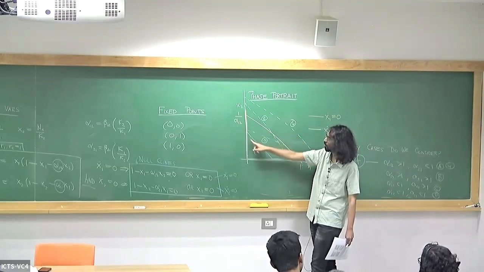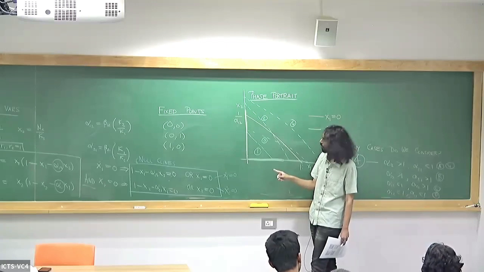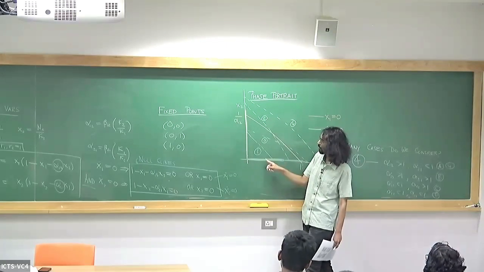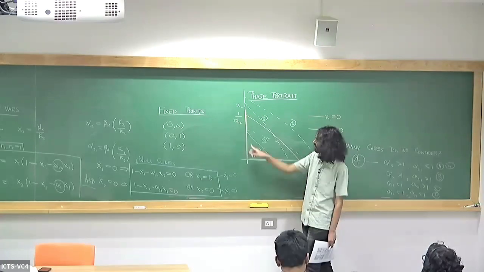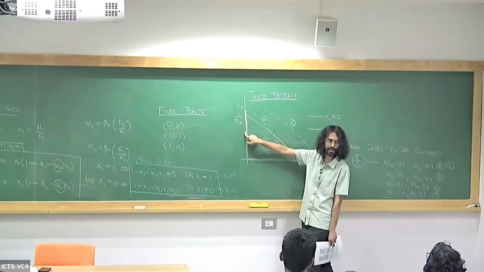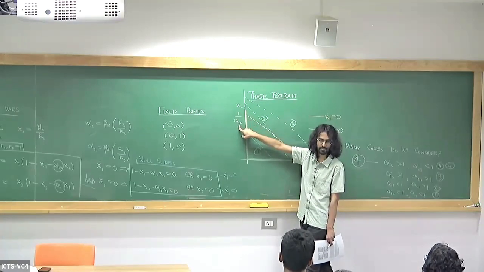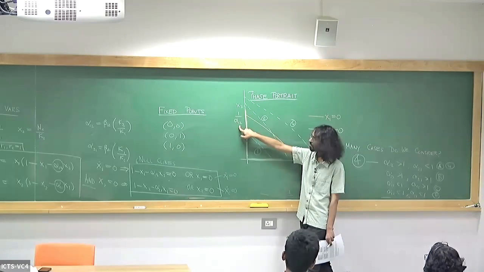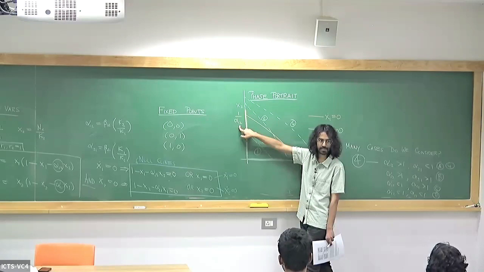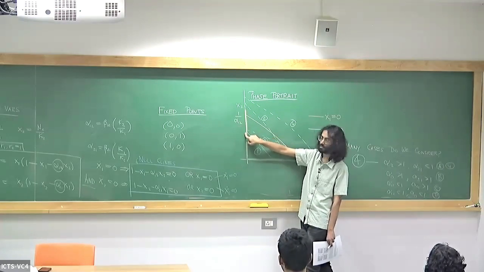So let's look at line 1. For line 1, what would be the case? This point is 1, right? So 1 is less than 1 over alpha 1, 2. So alpha 1, 2 is, if it's less than 1, right? 1 is here.